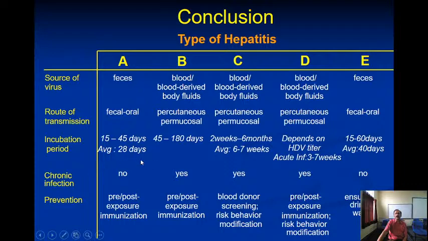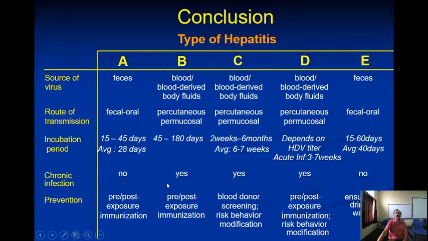Incubation period for A is 15 to 45 days and 60 days in case of E, and in the case of B, C and D, it is about 2 weeks to 6 months, except in case of D, which has a slightly shorter incubation period.